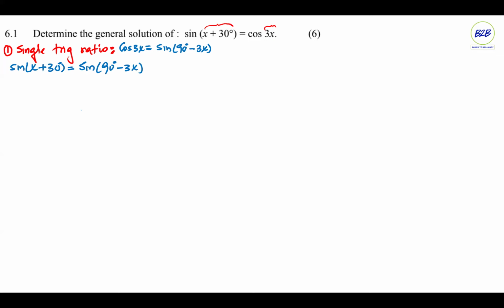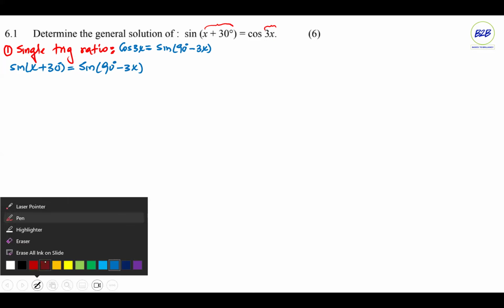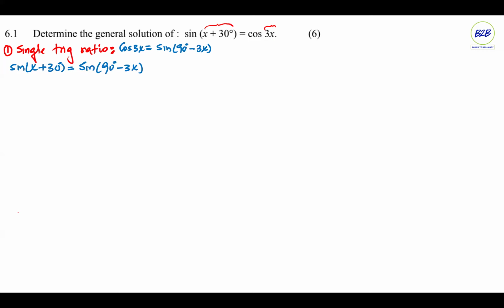And then from there, we see that there is sine and there is sine, which means now our equation is in terms of a single trigonometric ratio. And that, folks, leads us to the second question, the question that you have always been asking yourself: where to from here?